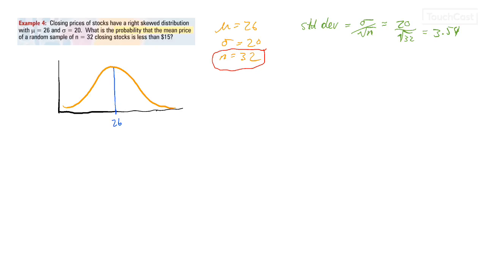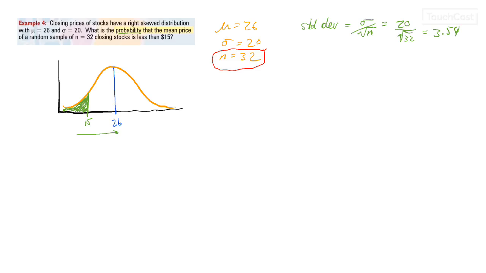The next thing we need to do is figure out the z-score, because we're being asked about the probability that the mean price is less than 15. Let's look at that on the chart. Less than 15 would probably put us somewhere down here. We are looking for everything to the left of this, because it is less than 15, and we know that the prices increase as we move to the right.